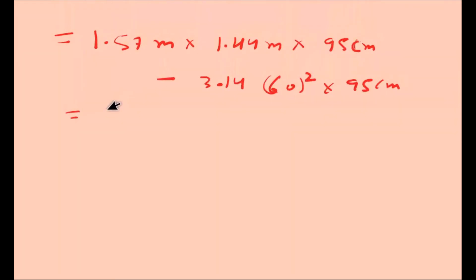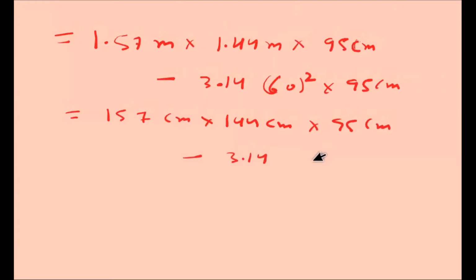So now you can solve this way: 157 centimeter into 144 centimeter into 95 centimeter minus 3.14 into 60 into 60 into 95, so the answer will be in centimeter cube. You can solve this multiplication, isn't it? Okay, but before solving this, if you take the common 95 and some value, then you can solve this easily, right?